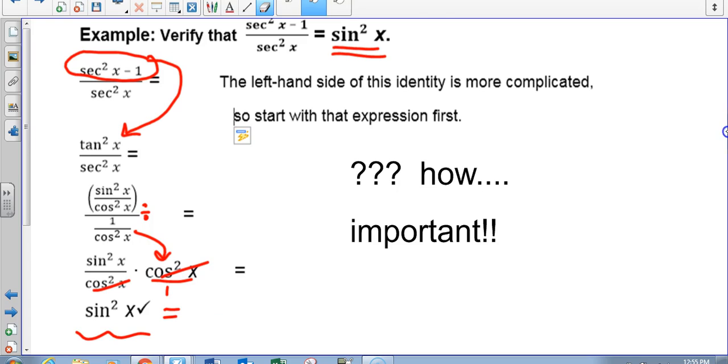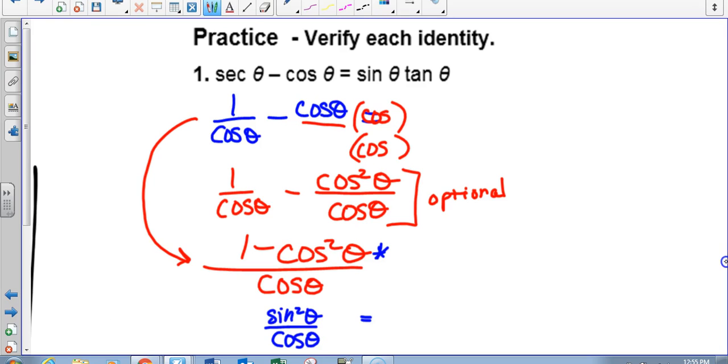I kind of like the book's idea of putting your little check mark here, see how they did, to show that you got it equal to the other one, okay? Then you don't have to rewrite anything. I used to make students say therefore, like a formal proof, and then rewrite this whole statement: I have now shown this side equal to this side. I'm not all about being picky anymore.